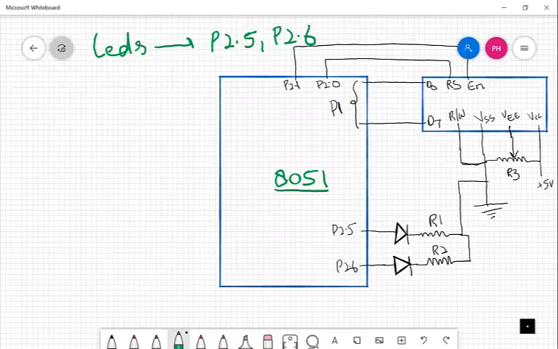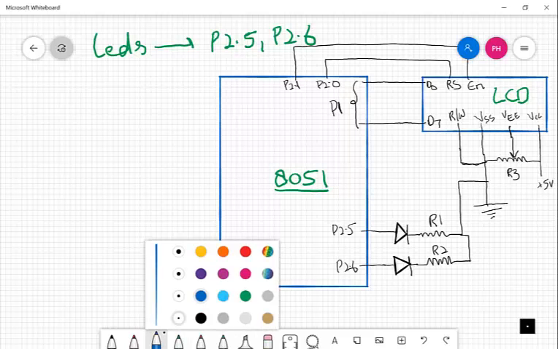This is our 16x2 LCD. Moving on to the ADC connections.